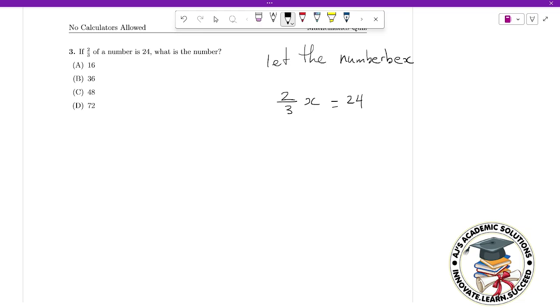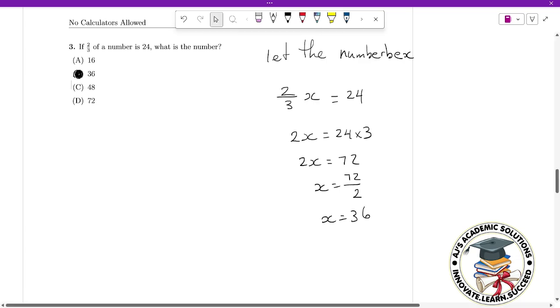So we're going to have 2x is equal to 24 times 3. 2x is equal to 72. x is equal to 72 over 2. x is equal to 36. Giving us the answer here to be 36. So again, make sure you shade that letter.